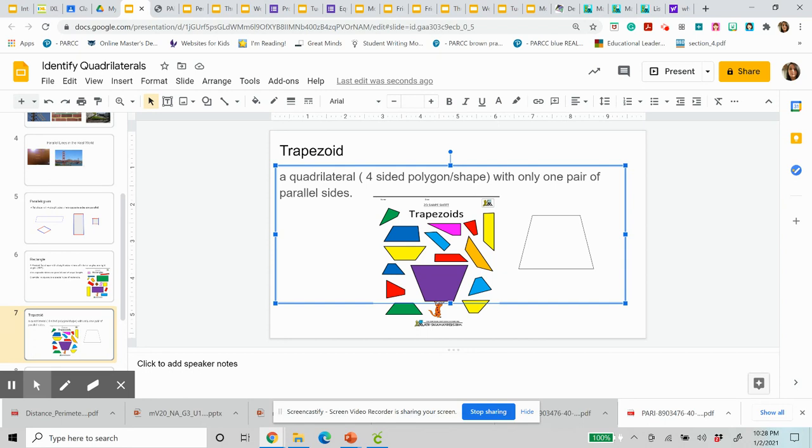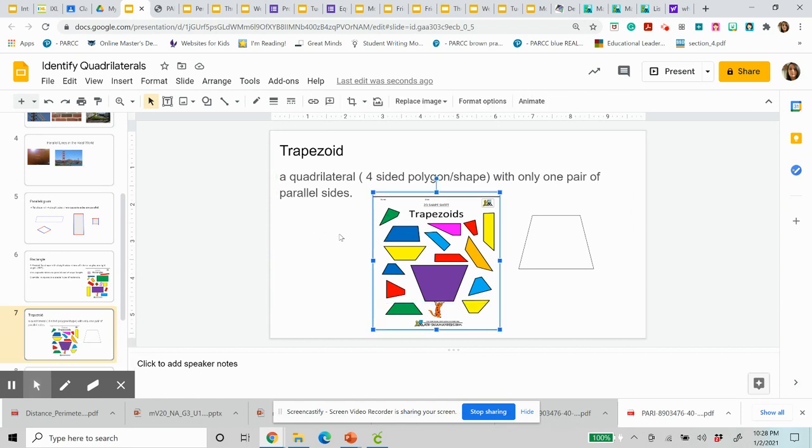I think this is the one that the kids struggle with the most, because it could look like this. So if we look to the pointer, this line is parallel to this line. But these two are not parallel.